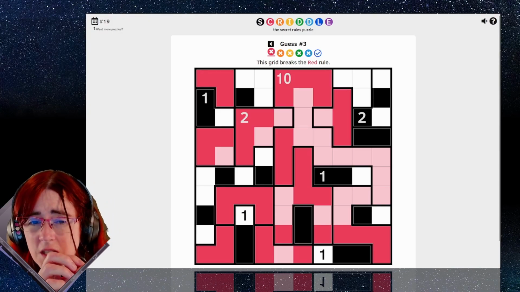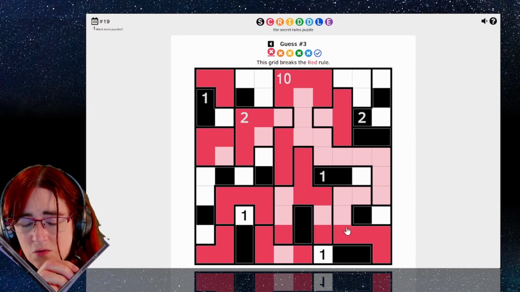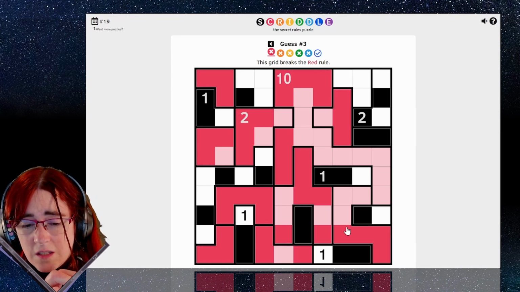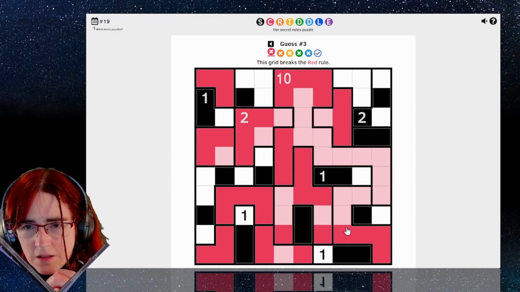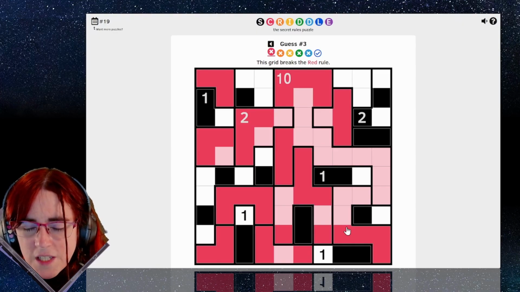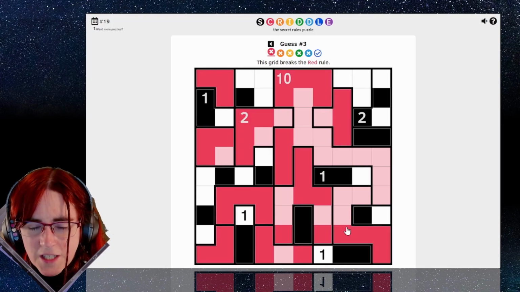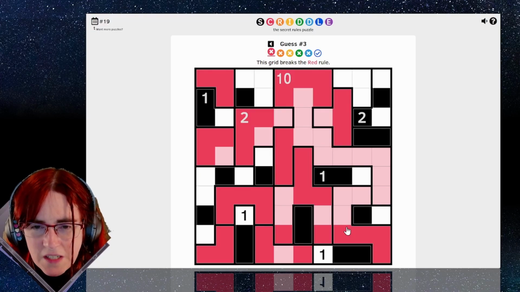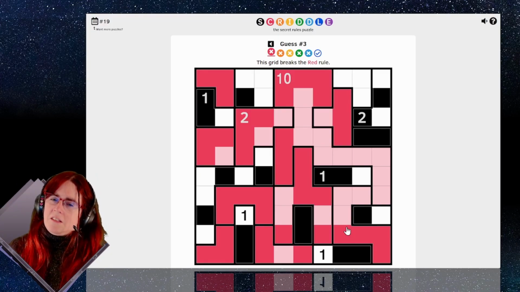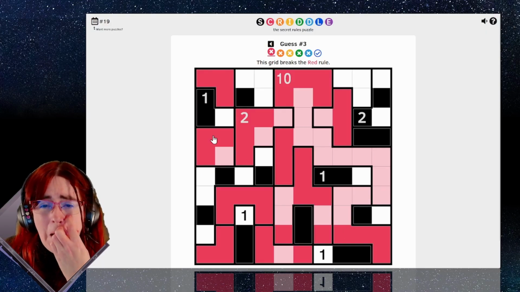So maybe this is just like too many shaded cells. Is it just 3 or more shaded cells? Do we just have 3 separate rules that are all trying to tell us that every room must have exactly 3 shaded cells? I think that is it.